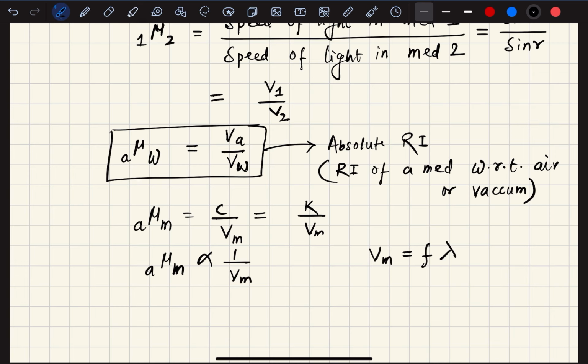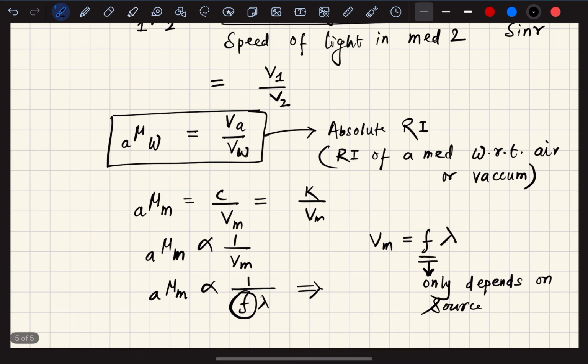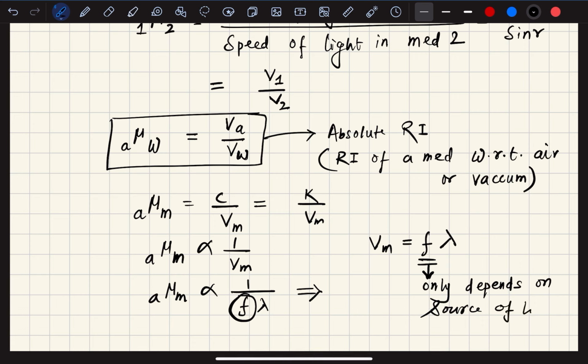So we can write this as frequency into wavelength. Now this frequency only depends on the source of light, not on the medium.